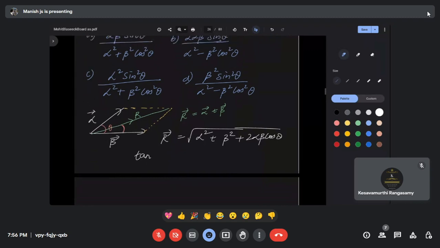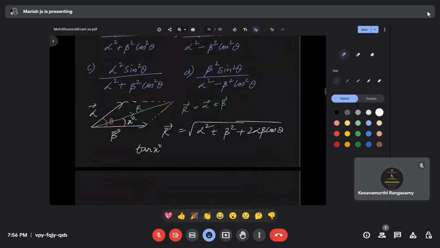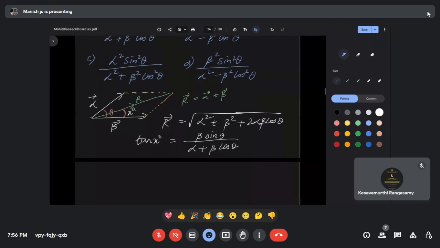So say this is x degrees. So tan x degrees: what is the formula that you will get? Beta sin theta divided by alpha plus beta cos theta. Correct. This is the relation that you will get.